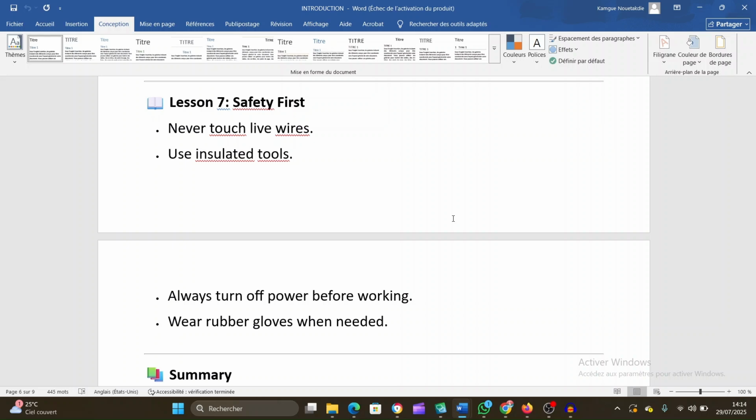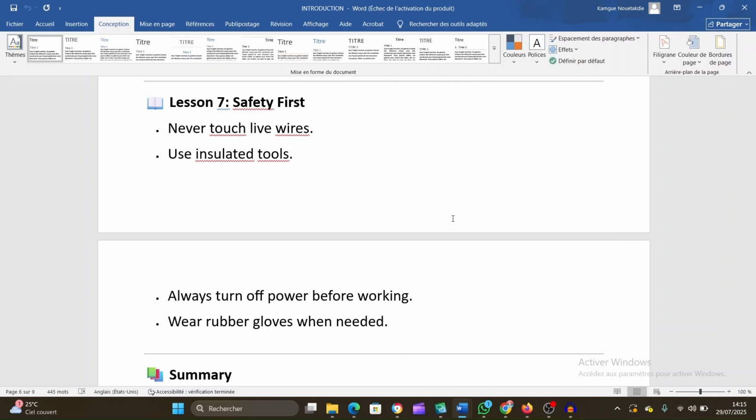Another safety point to keep in mind: if you are about to do electrical work, use insulated tools. You may find it contradictory, but in the field, at times the need might arise for you to touch live wires, because maybe there's a problem.